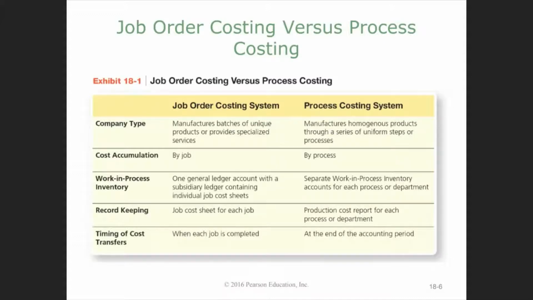And then the timing of our cost transfers. For a job order costing system, we transfer the cost when the job is completed. So whenever we've completed the job, that's when we will transfer the cost. For a process costing system, the cost is transferred at the end of the accounting period.